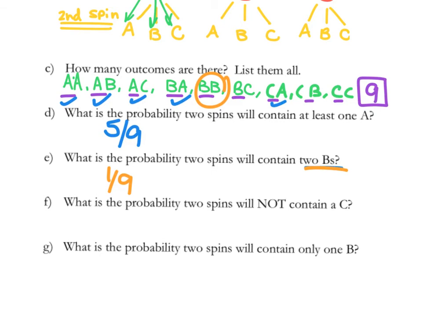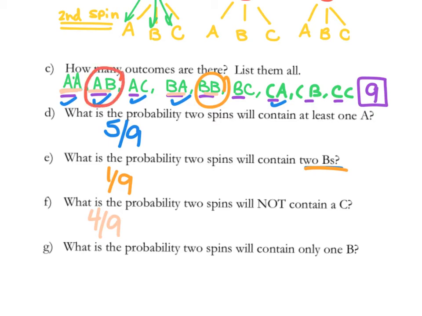What is the probability that 2 spins will not contain a C? So which ones have no C's? Okay, so here's 1, 2. That one does 3, 4, and that's it. 4 out of 9. And what is the probability 2 spins will contain only 1 B?